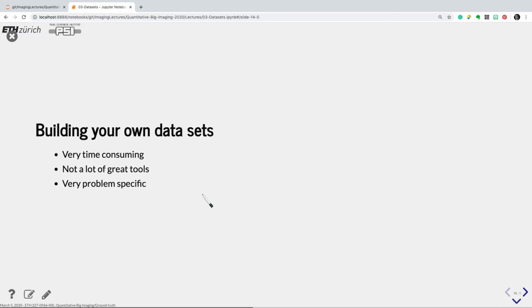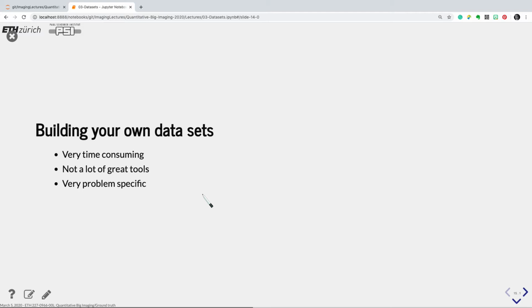Now, building your own data set, well, that's a task that takes a lot of time, and to be honest, there are not so many great tools to do it. There are a couple of tools that you can find on GitHub. Some tools you can also buy.